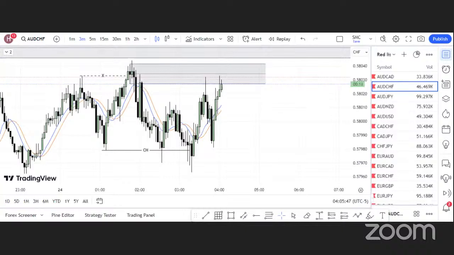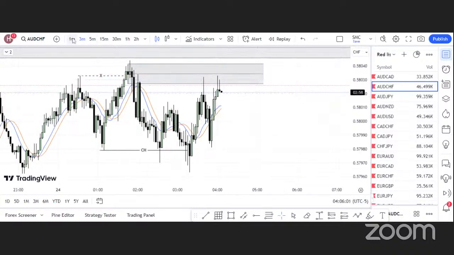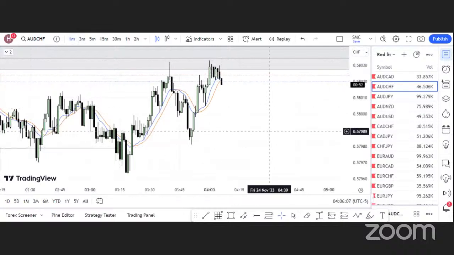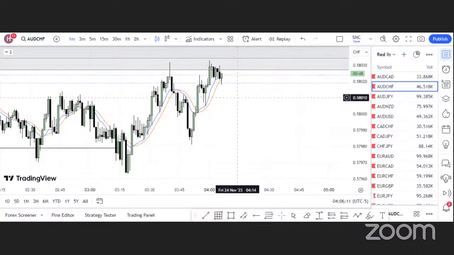Okay, so we got the first rejection, which is a good thing. We got the second one also, and it's good. Let's go to the 1 minute time frame. This is currently crossing on the 1 minute. Once this crosses successfully and closes below it, then we are going to take our sell trade.